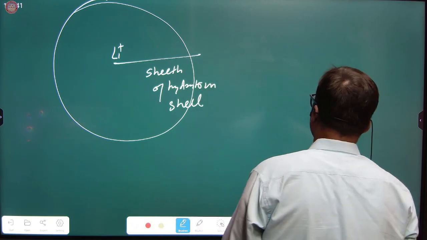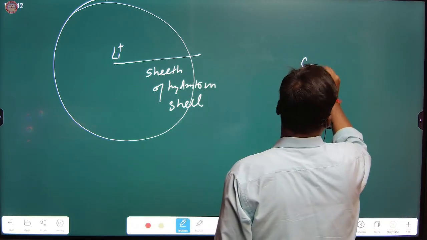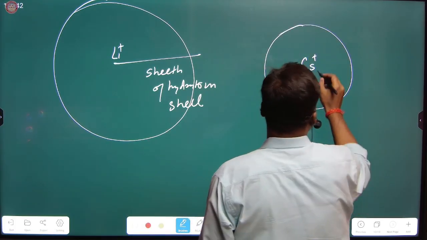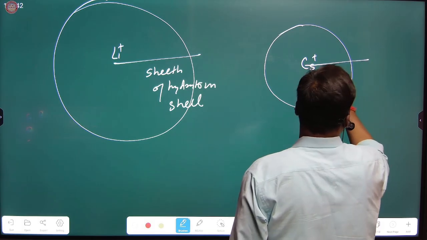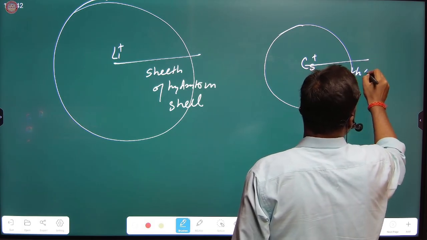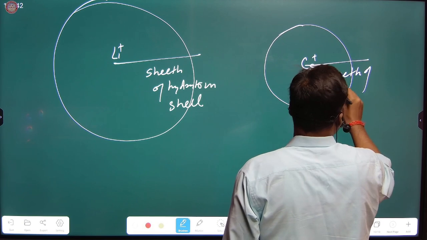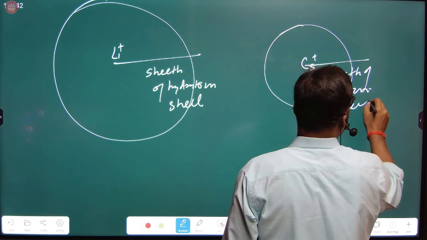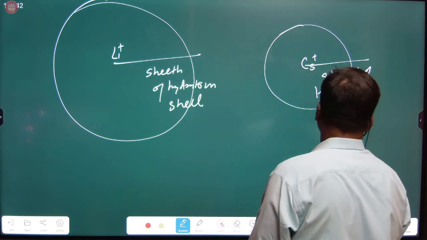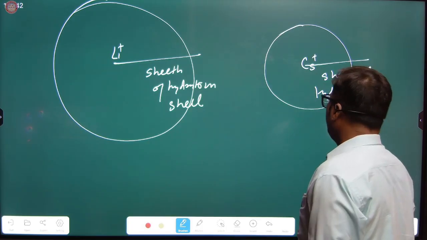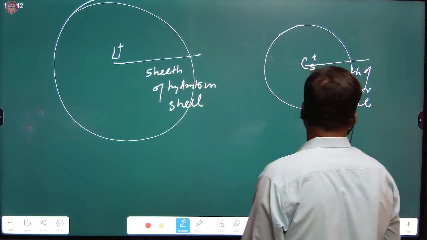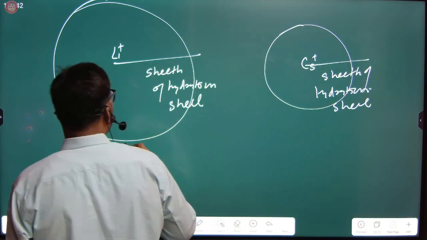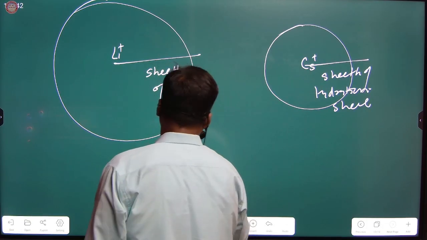But in the case of Cs+, the sheath of hydration cell is low. It means cesium can accommodate a lower number of water molecules, while lithium can accommodate a large number of water molecules.